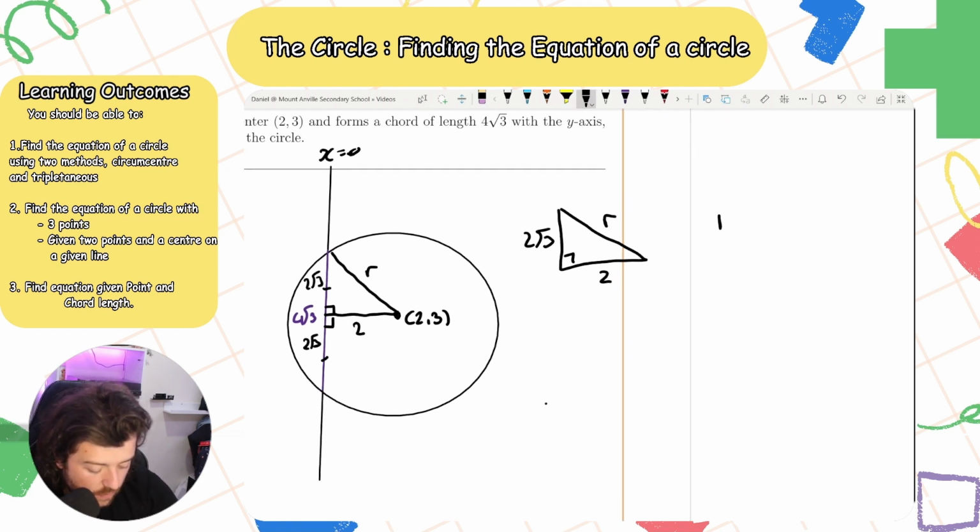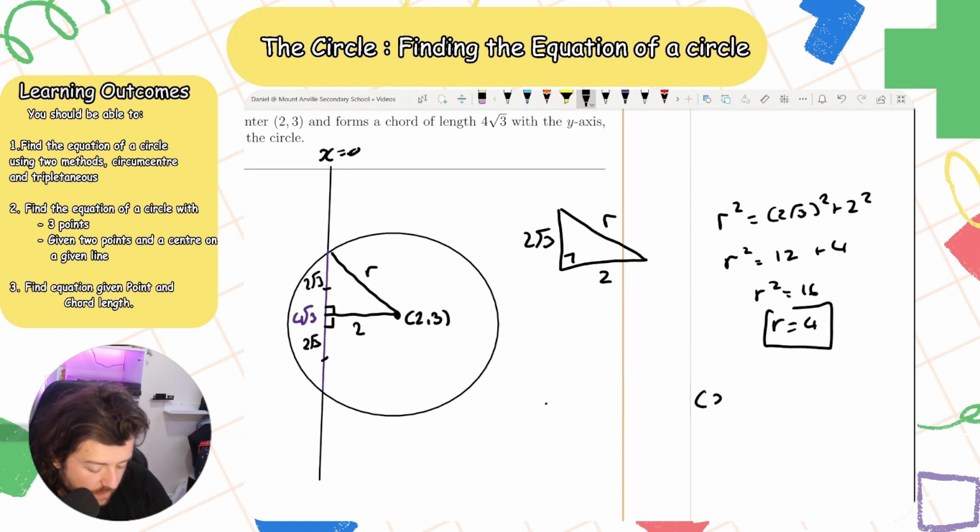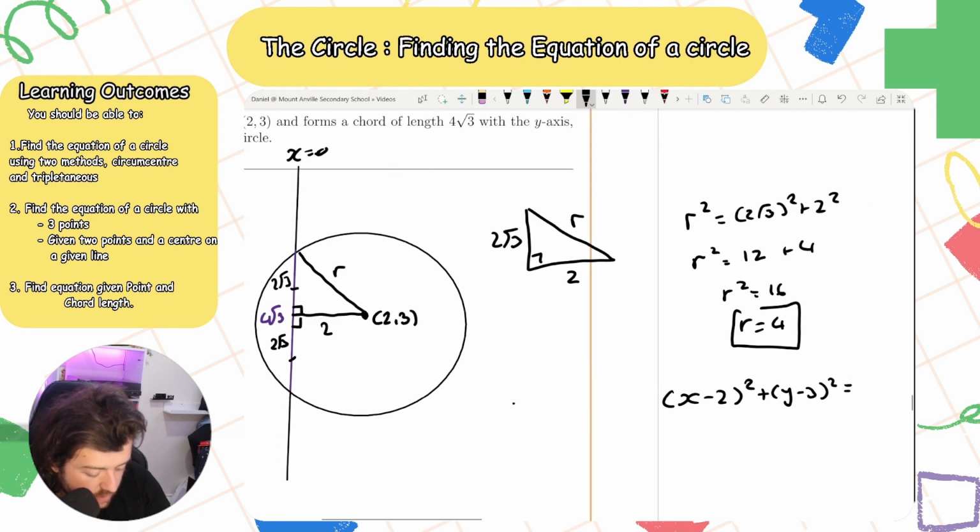So let's solve for r. r squared is equal to 2 root 3 squared plus 2 squared. r squared is equal to 12 plus 4. r squared is equal to 16. My radius is equal to 4. Since the radius is equal to 4, my equation of a circle is x minus 2 squared plus y minus 3 squared equals r squared, which is 16.